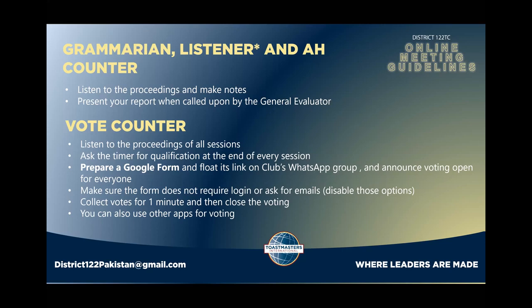Please untick the option of collecting email addresses, and please untick the option of forcing people to log in, because that just creates hurdles. Keep everything open and instead just open the voting for 1 minute, and after 1 minute, poof, it's closed. So yeah, okay.